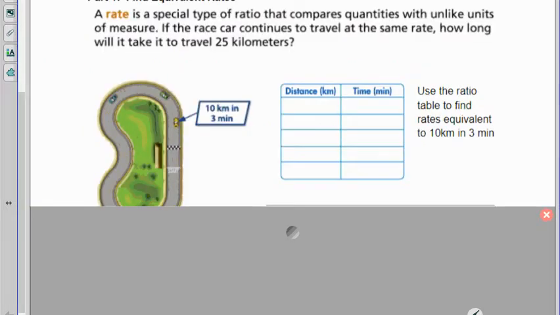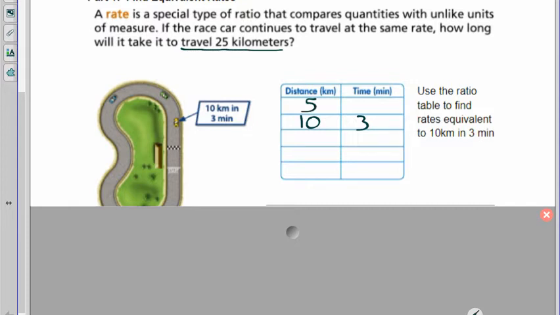So part one, we're going to be finding some equivalent rates. So here we have a track, and we're driving around that track, and we're going 10 kilometers every 3 minutes. And we want to find out, if we went at that same rate, how long would it take to travel 25 kilometers? So let's set up our table here.